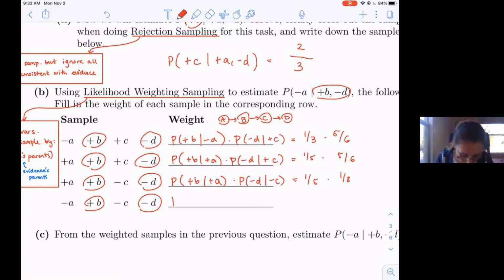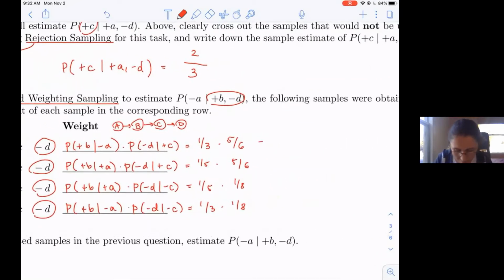Then we finally end up with P of plus B given minus A times P of minus D given minus C. And this is going to be 1/3 times 1/8. So we can just simplify these fractions really quickly here to get our final numbers.